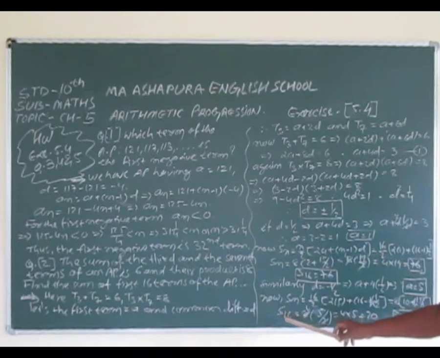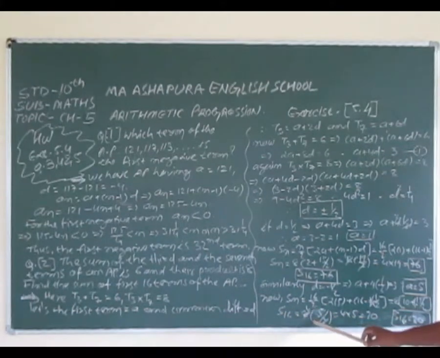Next step is S16 is equal to 8 into bracket 5 by 2 because 10 2s are 20, 20 minus 15 is equal to 5 by 2 and 2 4s are 8 so finally we get the product 4 5s are 20, that means S16 is equal to 20.